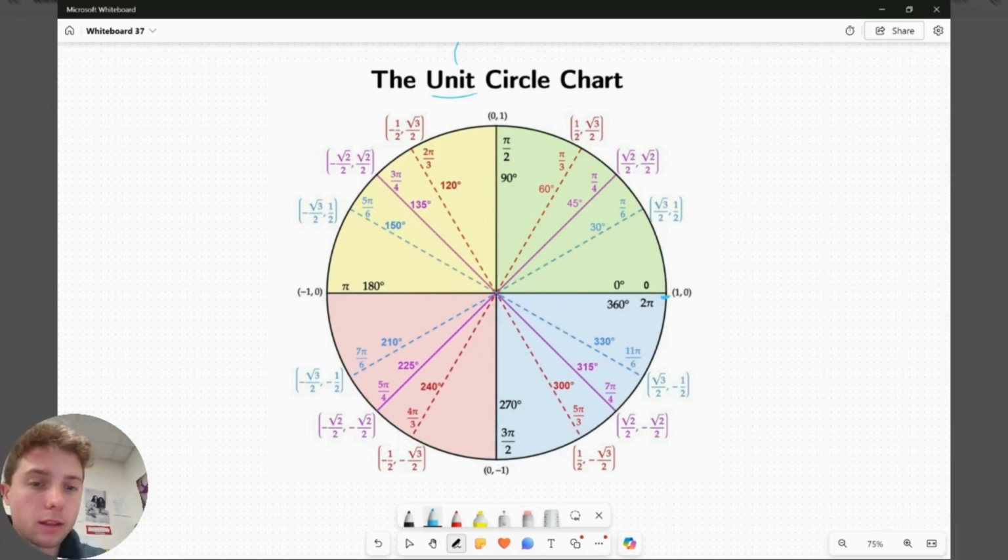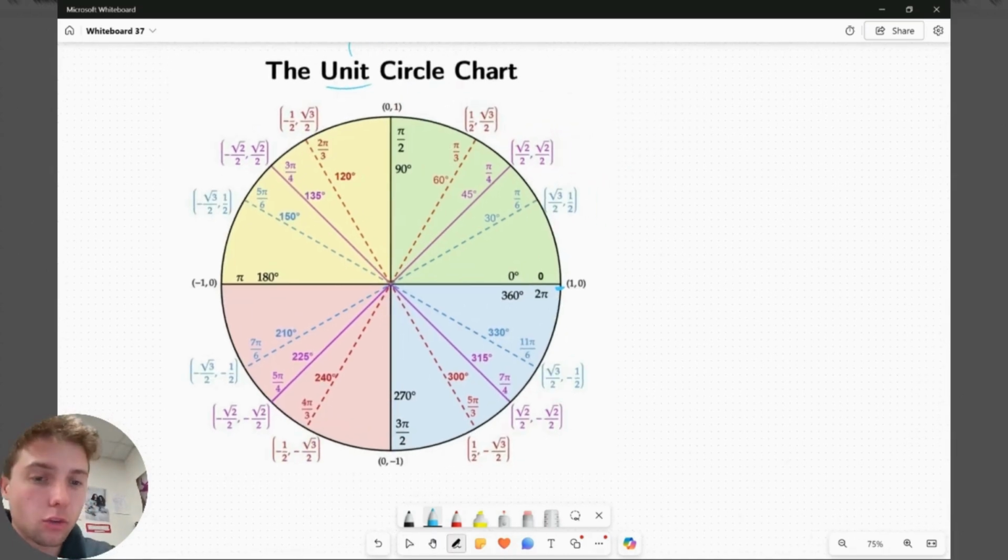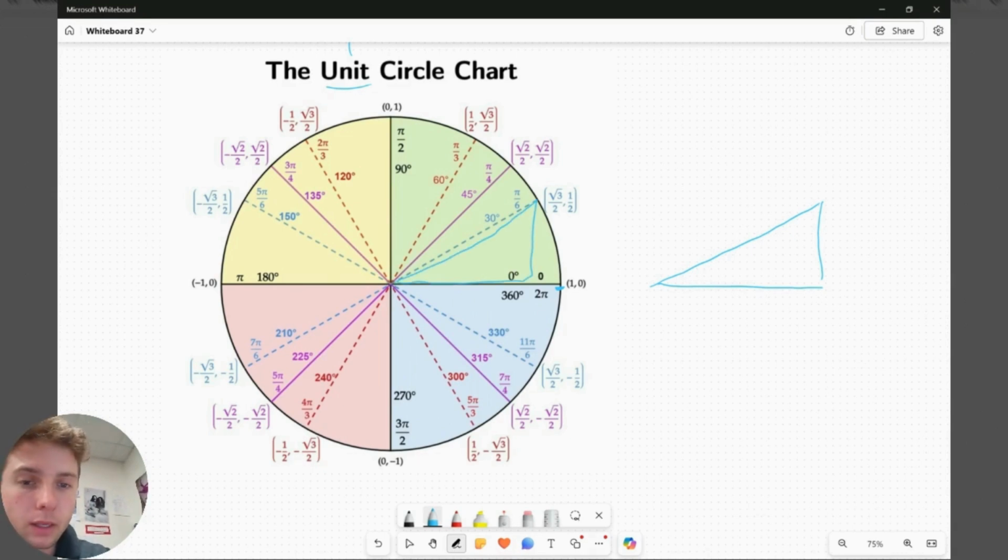For example, if I look at the 30-degree angle, this angle here, well, we know that the radius is 1. From there, we know that this is a 30-60-90 triangle. 30-60-90 triangles have a special property: the side lengths are always known.